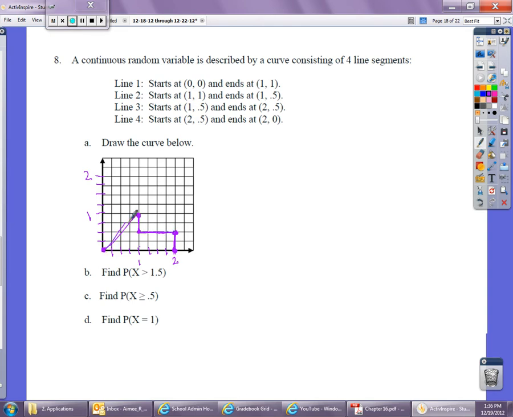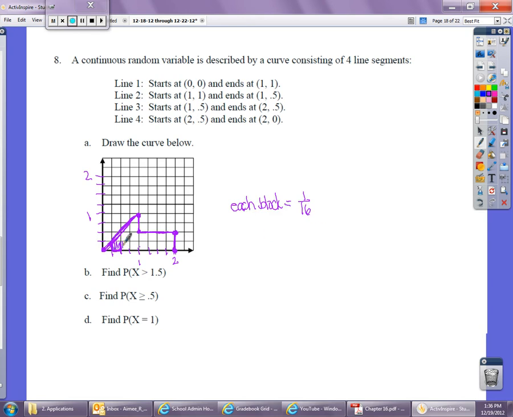Now there's a couple of different ways that you can look at these. The first is that you can look at what each of these little blocks would be worth. Each of these little blocks is a quarter times a quarter, and a quarter times a quarter is a 16th. So each block in my model is worth a 16th. So I should have 16 blocks here.